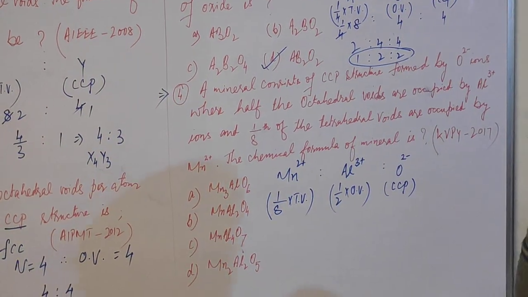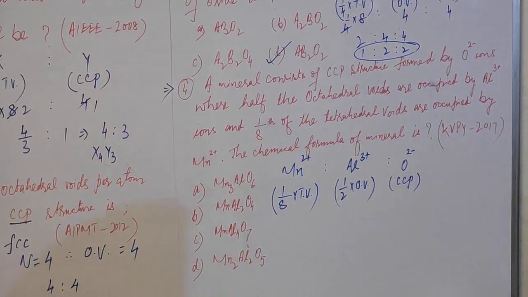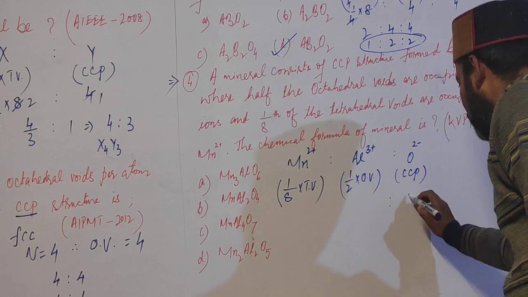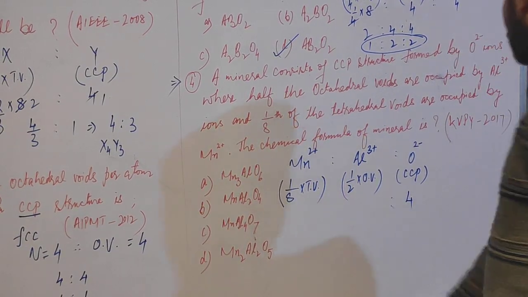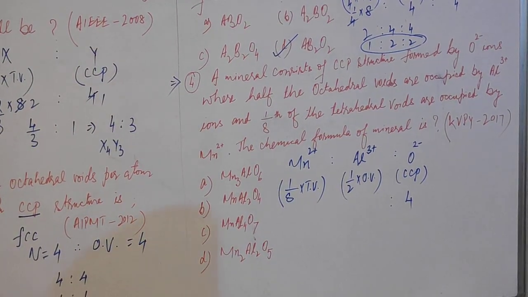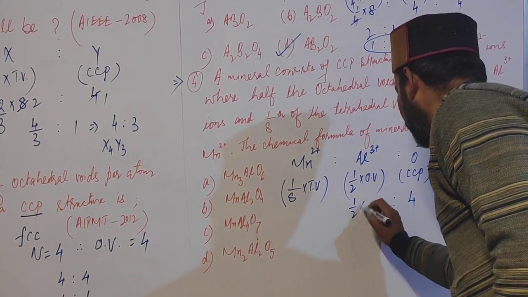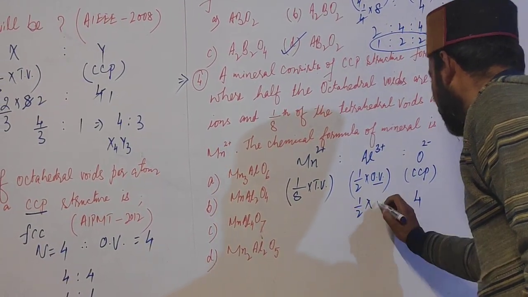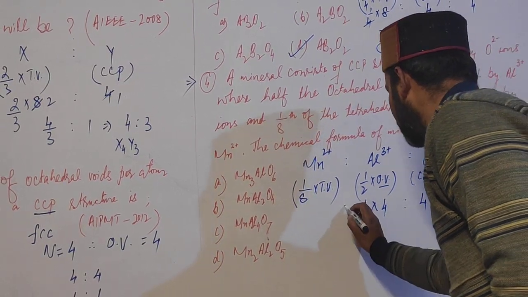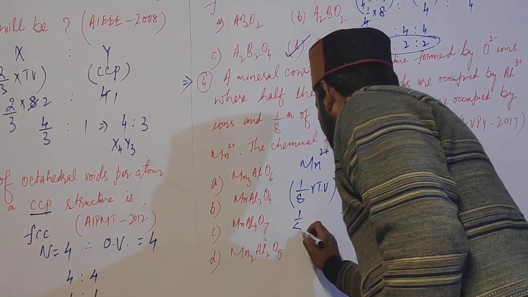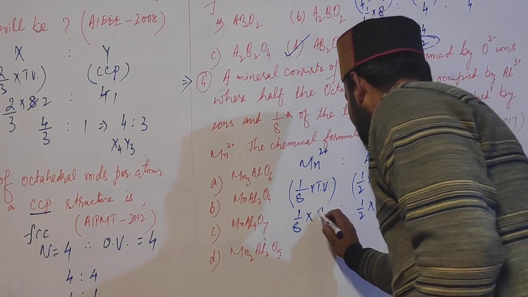Now the chemical formula of this mineral is. So student, again this question has oxide ions in CCP lattice. So we have 4 oxide ions per unit cell, half of octahedral voids, we have 4, then 1/8 tetrahedral voids, double of 4, that is 8.